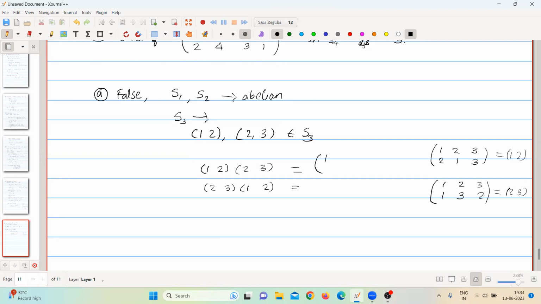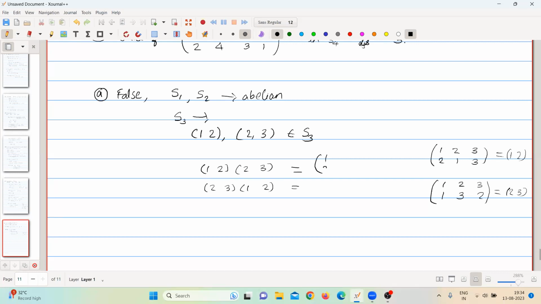So what is the image of 1 here? No, 2, because we need to apply (2 3) first. So 1 is going to 1, and later 1 is going to 2.